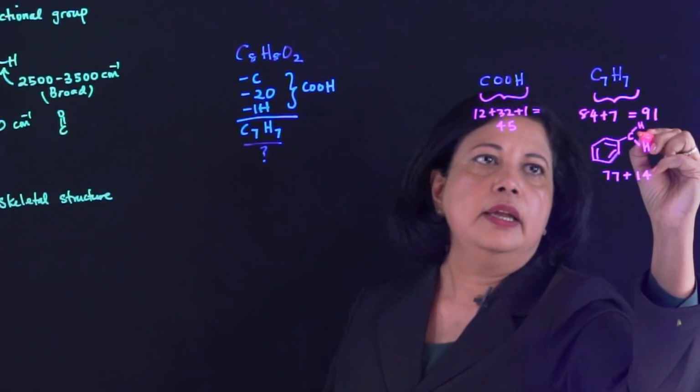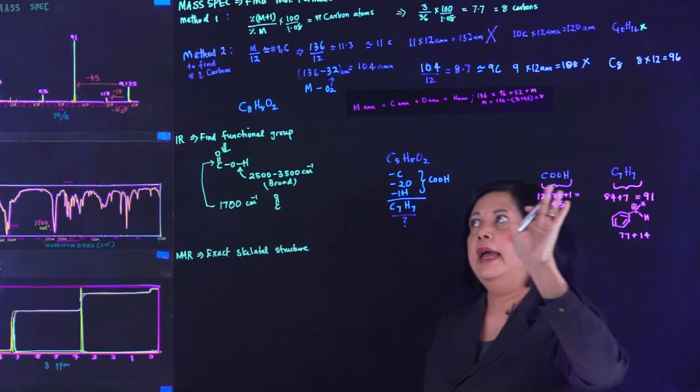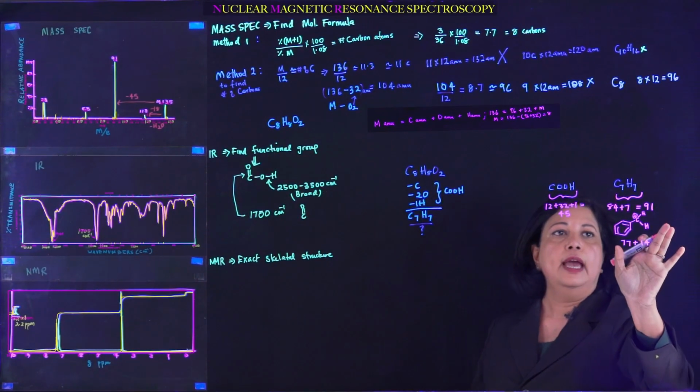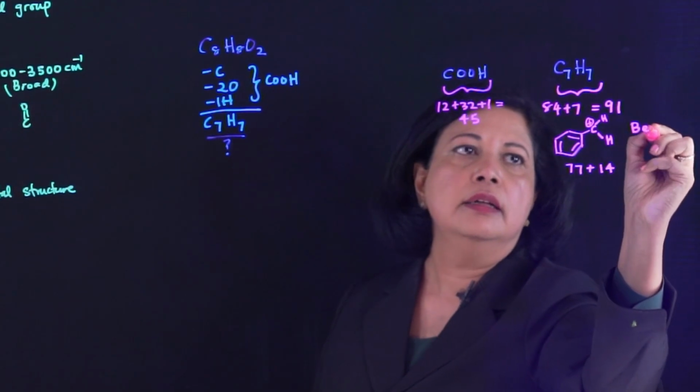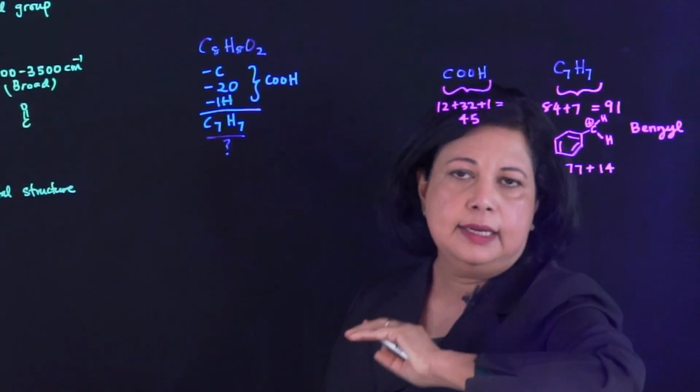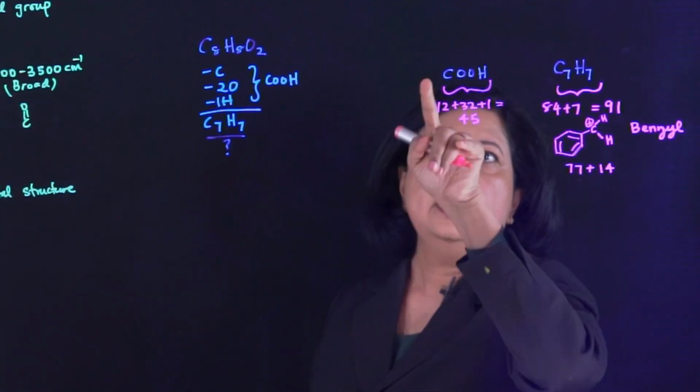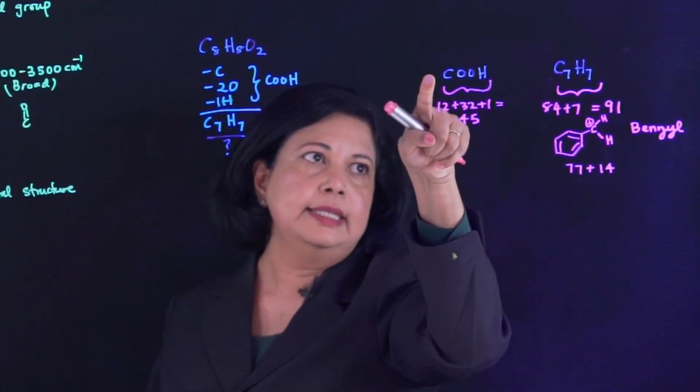So we have here a very nice mass spec that's telling us we have a benzyl group, benzyl cation. We have a carboxylic acid.